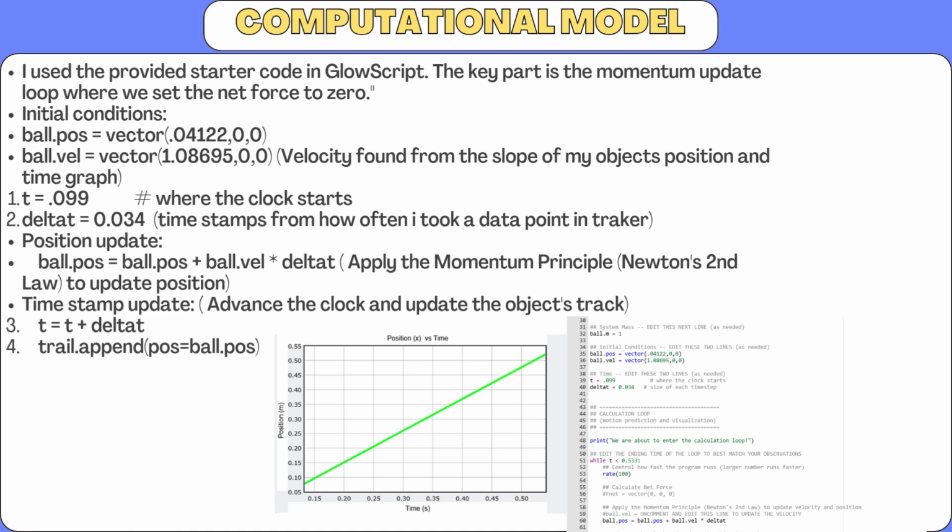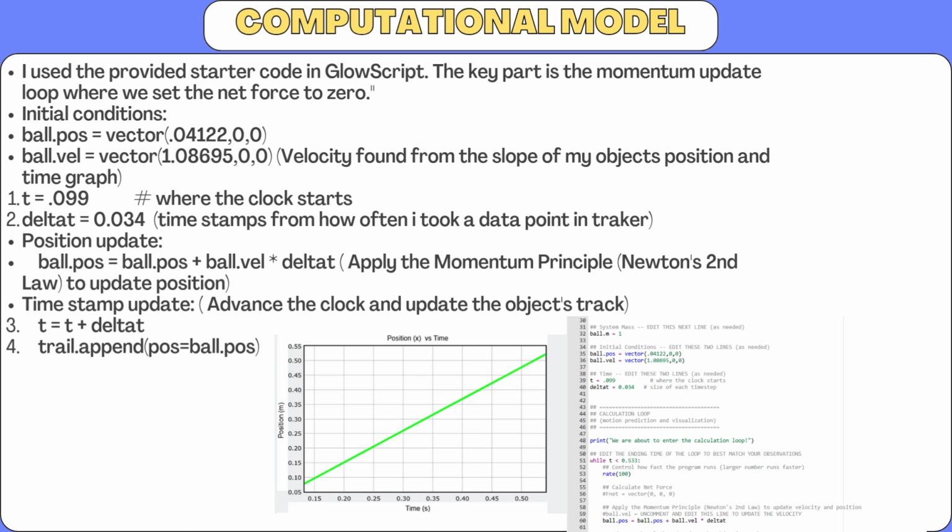And on the screen, I have the important code screenshotted, and just because it's a little small, the position update was ball.pos equals ball.pos plus ball.velocity times delta t, and that's applying the momentum principle, which is Newton's second law.